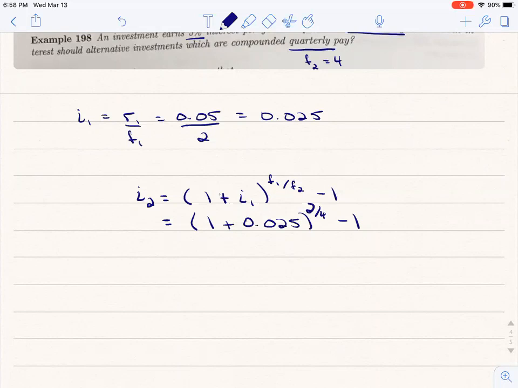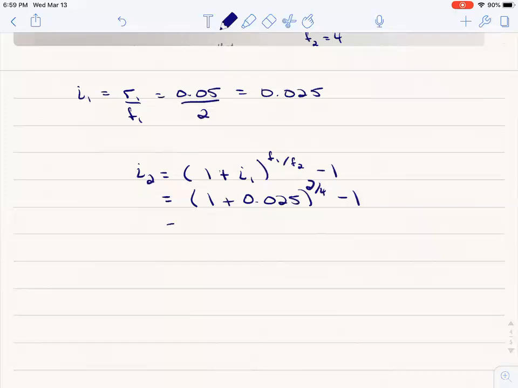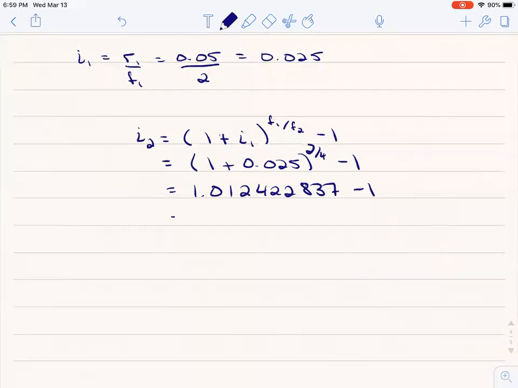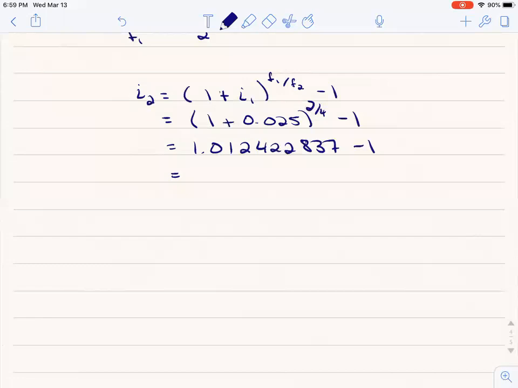So to the power of 2 divided by 4 end bracket equals, and I get 1.0124222837 minus 1. So my periodic interest rate compounding quarterly now is 0.0124222837.